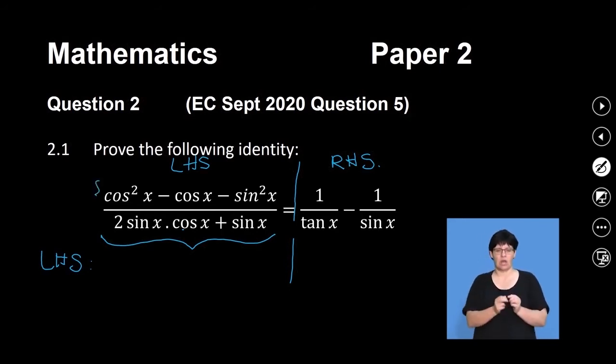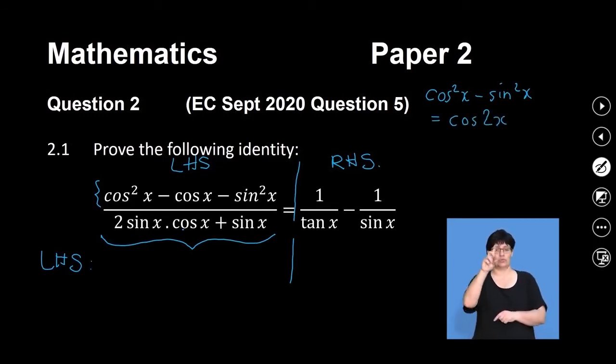In the numerator, we have cos squared x minus cos x minus sine squared x. All right, so just be careful here. You don't have cos squared x plus sine squared x, so you can't use that identity. But hopefully you know from your double angle formulas that cos squared x minus sine squared x is equal to cos of 2x.